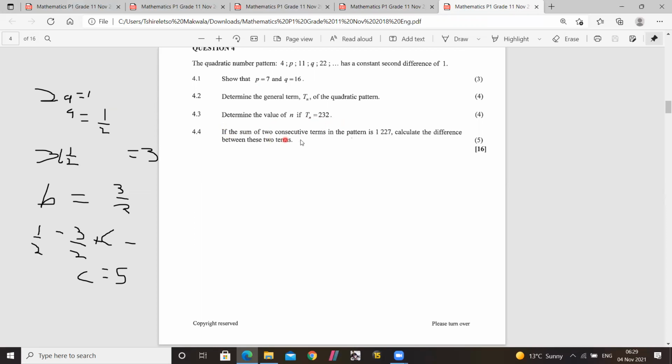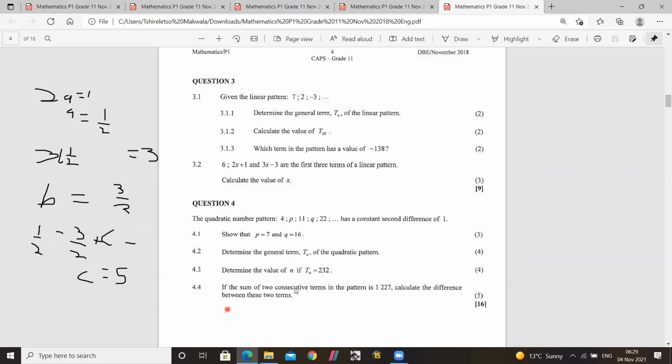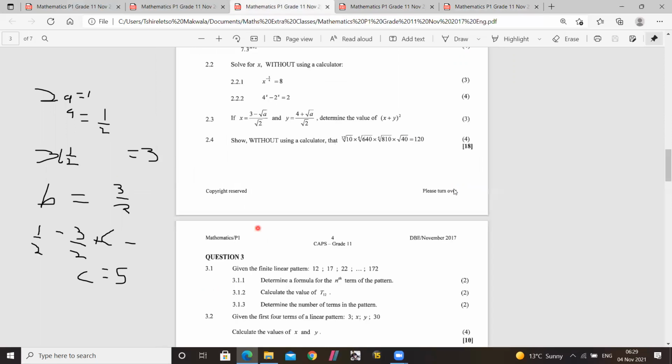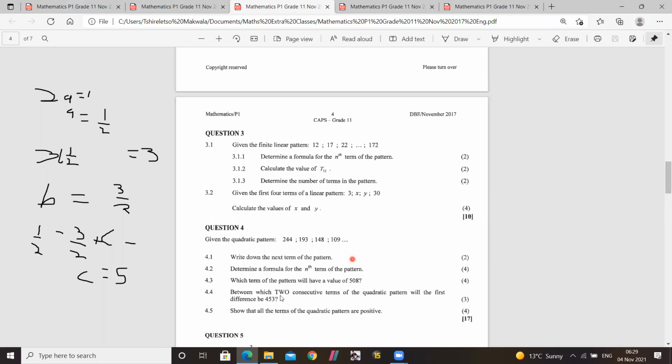Then, if the sum of two consecutive terms in a pattern is 1,227, calculate the difference between these terms. Okay, so this one I won't do, because they don't ask it every time. Let's just check here.